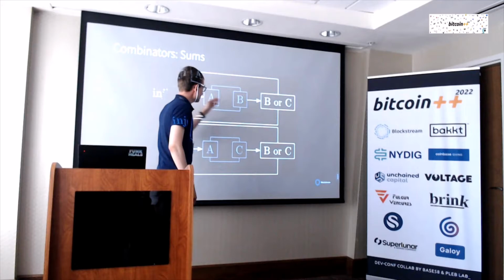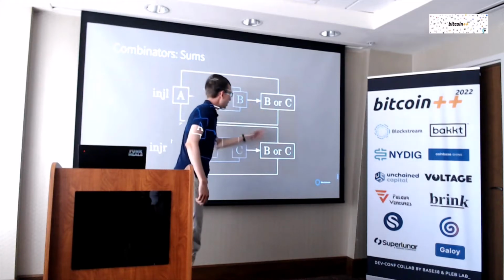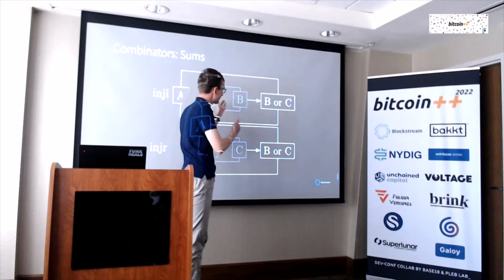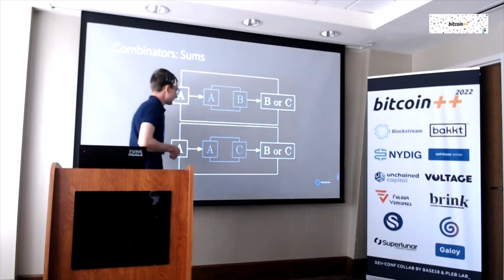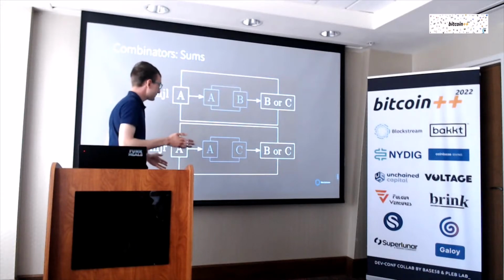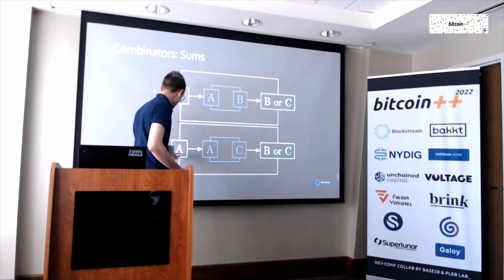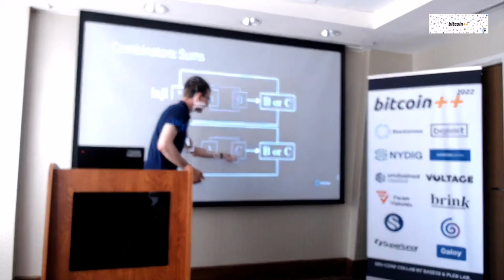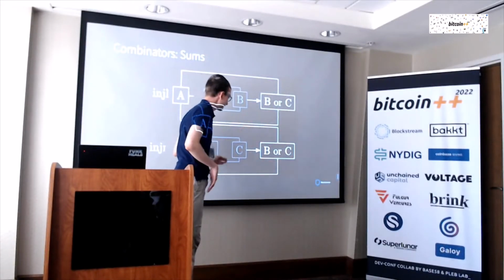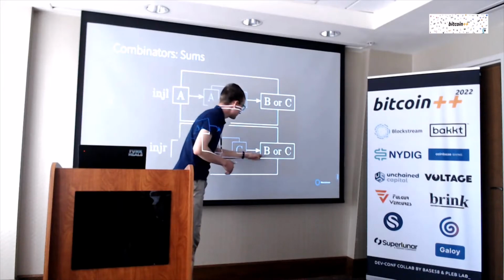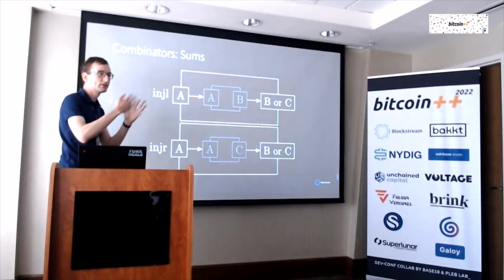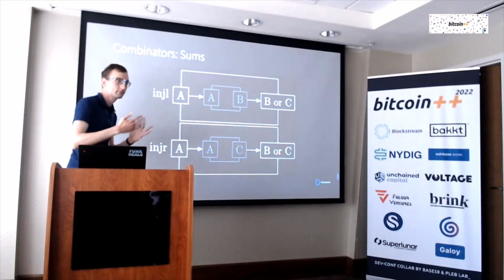And we never have any C value, we always have B, but the type is B or C because it's left of B. And the right injection is analogous to that, so we take our input A, wrap it to C, and then we wrap it in the right value, right of C, which is B or C. And this way we can produce sums if we need them.